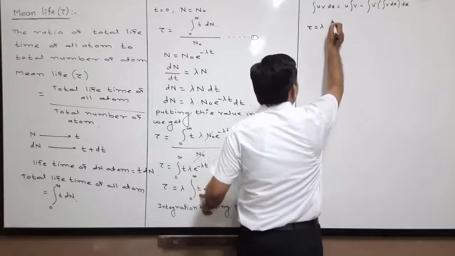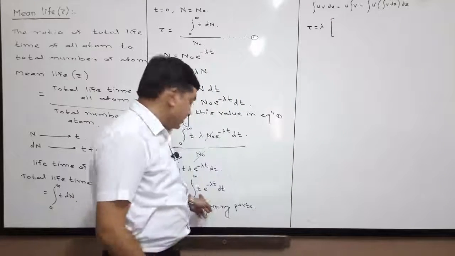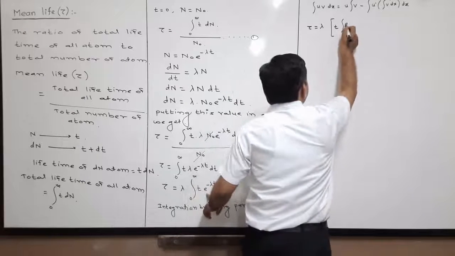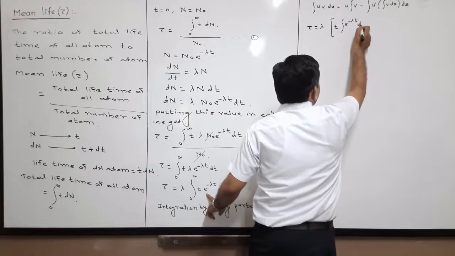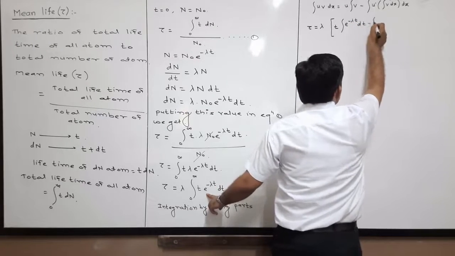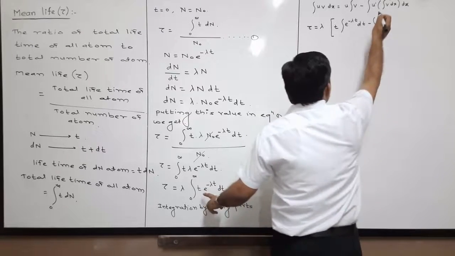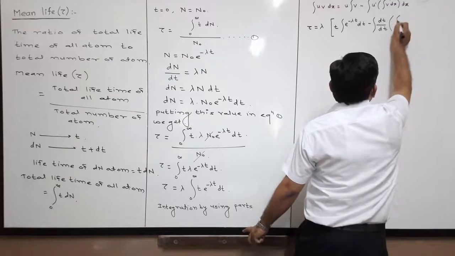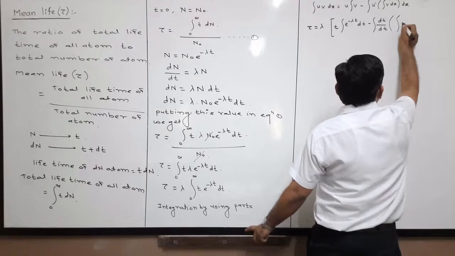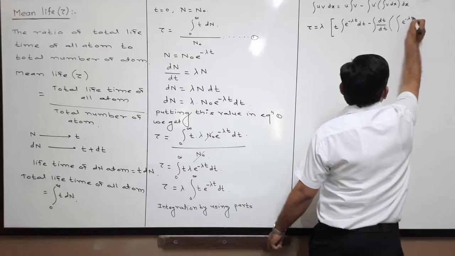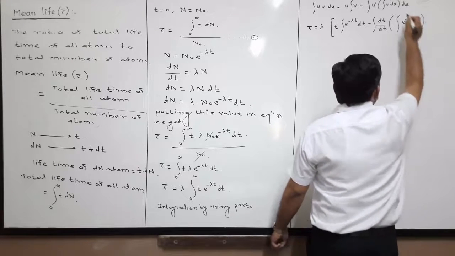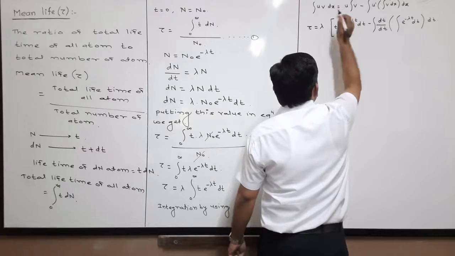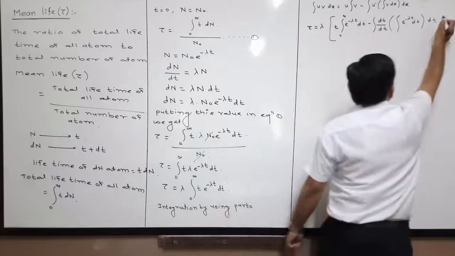Here we can take square brackets when we solve the integration: t into the integration of e raised to minus lambda t dt, minus the integration of u dash, u is t so it is dt upon dt, integration of v means the integration of e raised to minus lambda t dt, into dt. The integration is from 0 to infinity.